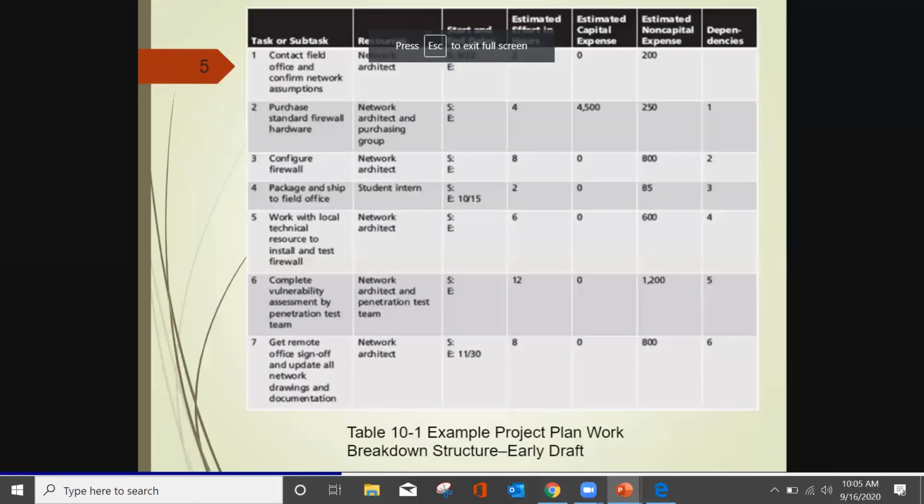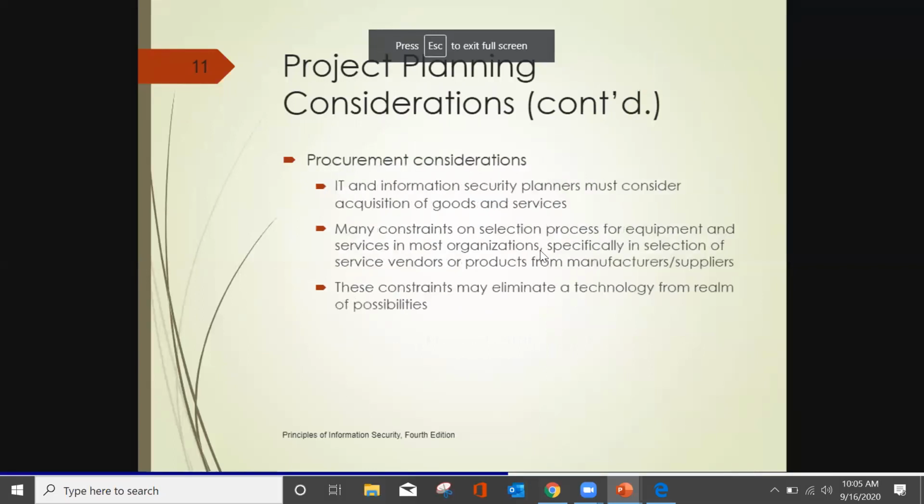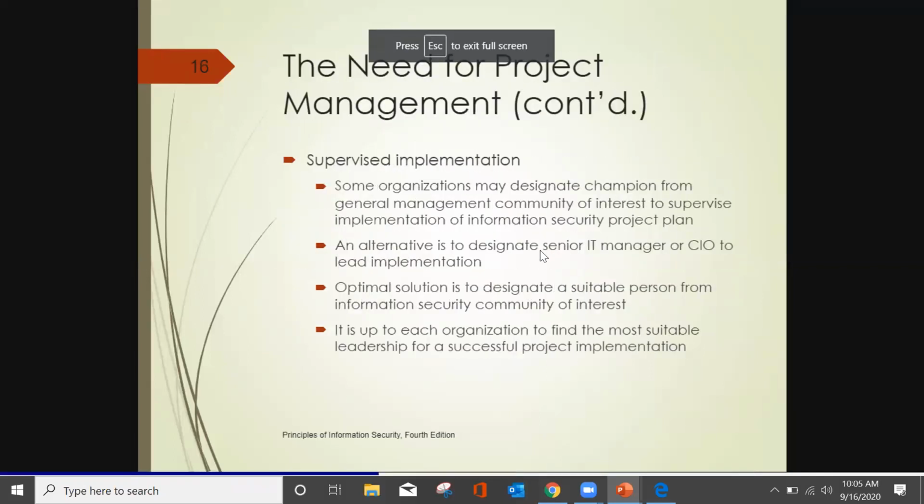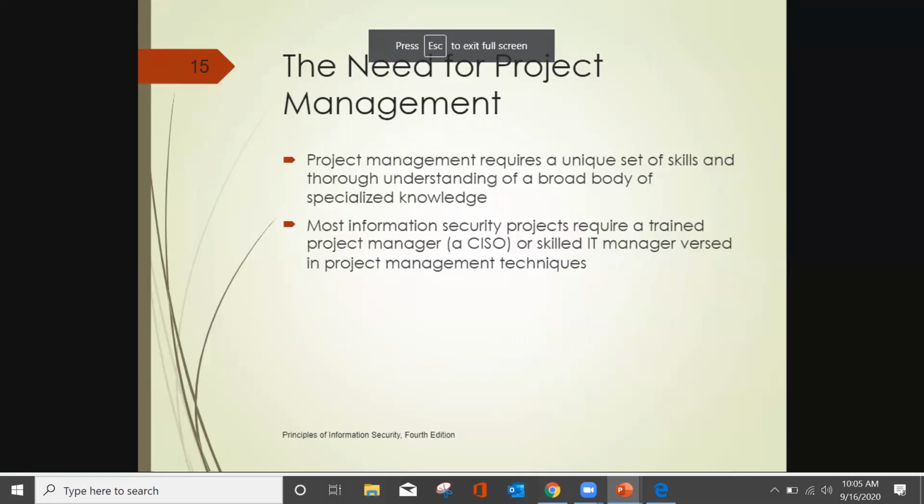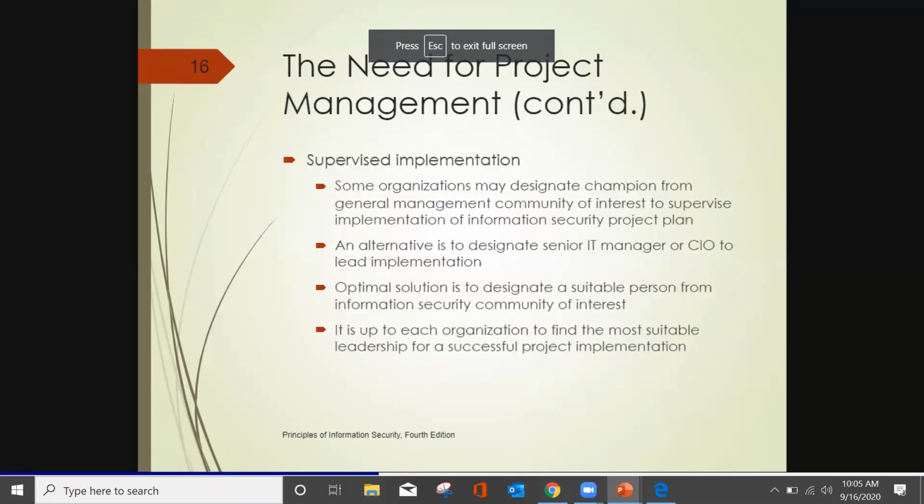He's managing this entire worksheet, the work plan. So that is why we need a project manager or a CISO. So what are the other reasons why we need to invest in a project manager?